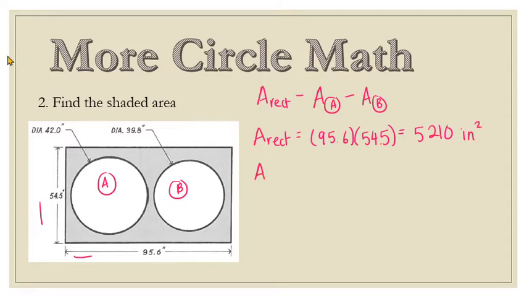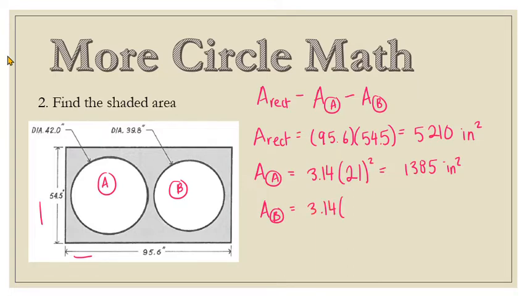The area of our bigger circle A is going to be pi multiplied by 21. How come not 42? Because that's a diameter squared, which is going to give me about 1385 inches squared.